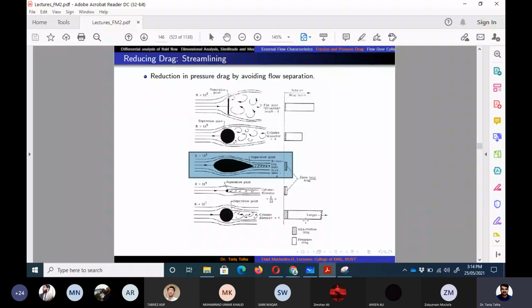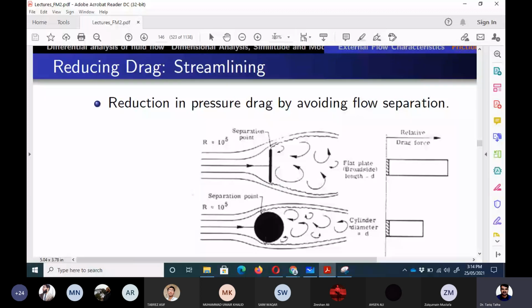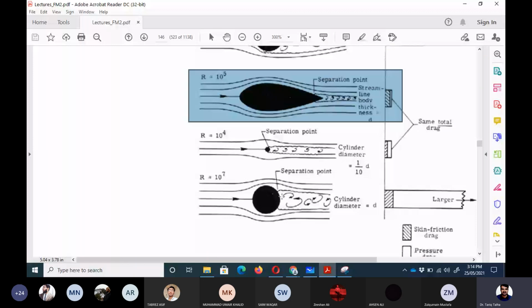In the last figure, at 10 to the power 7, because now the wake region is more, we have got higher drag. So the major design constraint here is how to make this wake region less and less. If we can make it less, then we would be able to achieve lower drag on the body.